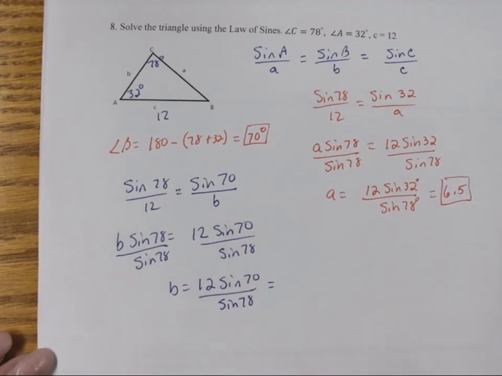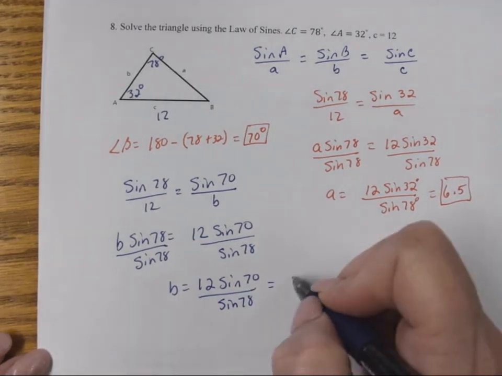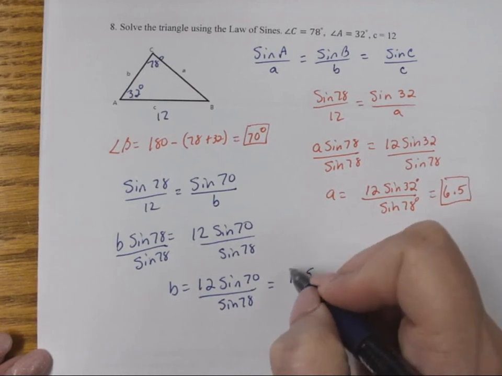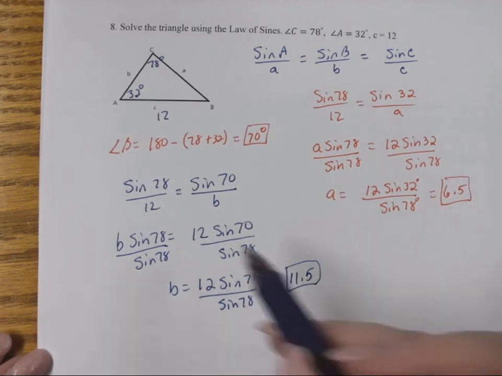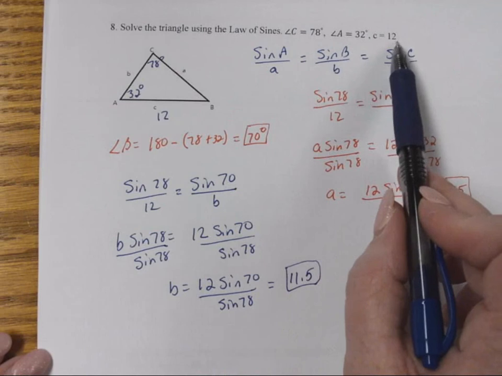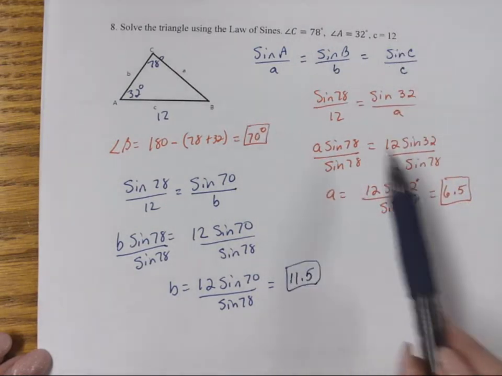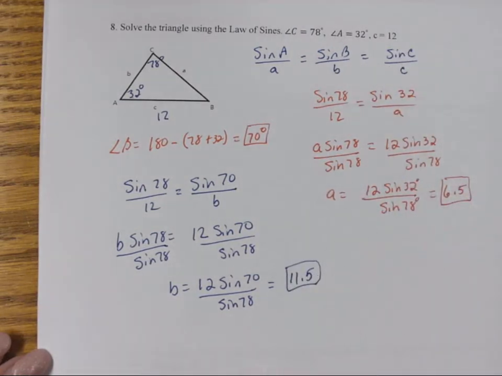And when I put that in the calculator in degree mode, I end up with 11.5. So I was given 3 parts to my triangle, and I found the other 3 parts of the triangle, because in total you will have 6. And that is how you do it with the law of sines.